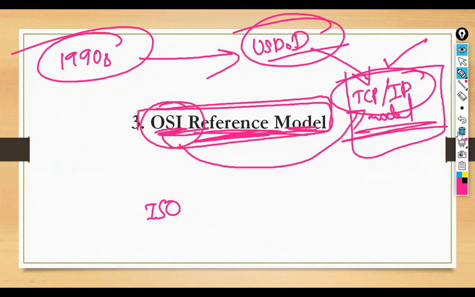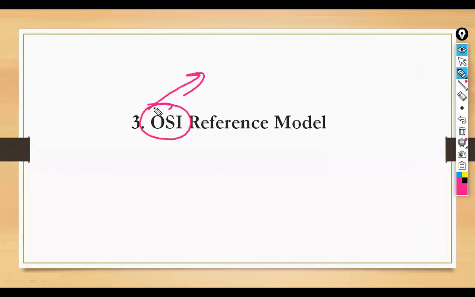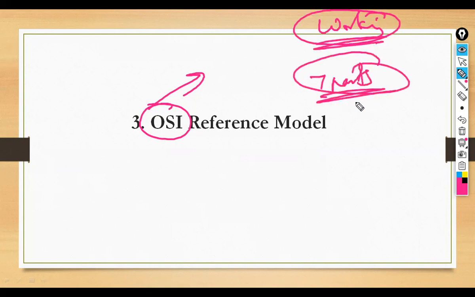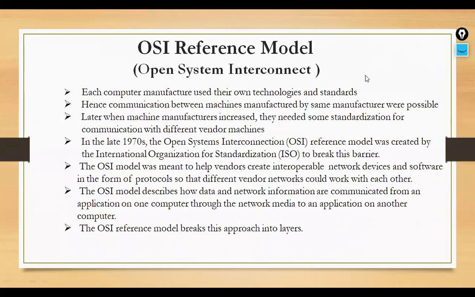Now, when they came up with this OSI model, they simplified the working of a computer into 7 parts, or specifically 7 layers. Very good. Clear? Now we shall be studying all these 7 layers. So let me tell you about the layers here.